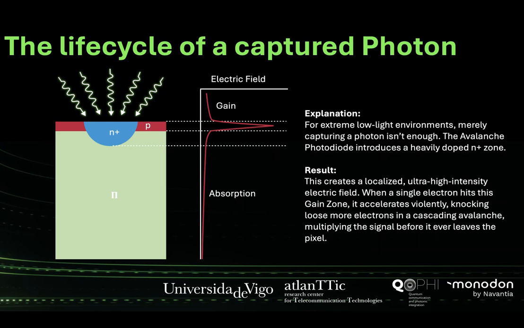The process cascades into an avalanche. One photon can effectively generate many electrons. This internal amplification dramatically improves sensitivity. Avalanche photodiodes are used in quantum optics, lidar systems, deep space communication, medical imaging, and single photon detection. These are among the most sensitive optical detectors ever created.